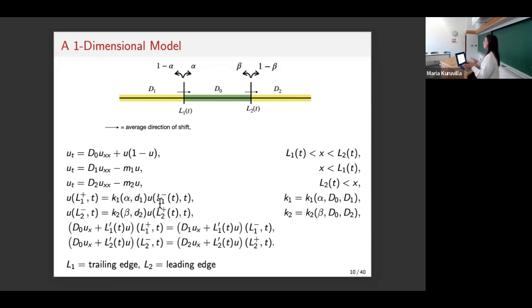As we saw before, our traveling pulse was continuous in space, but now we can see jumps in density at the interface. K, or K1 or K2, is the jump proportionality coefficient. And these last equations are flux. They just say that flux is continuous across the interface.